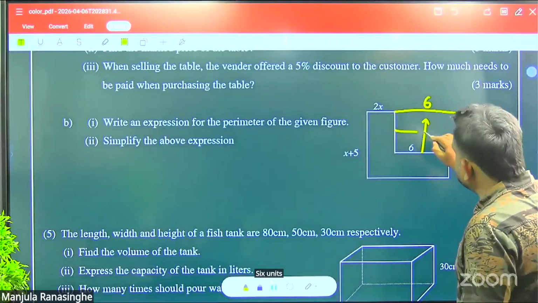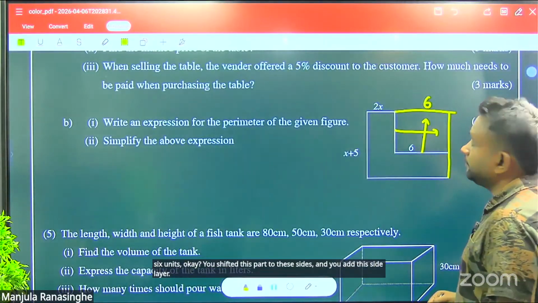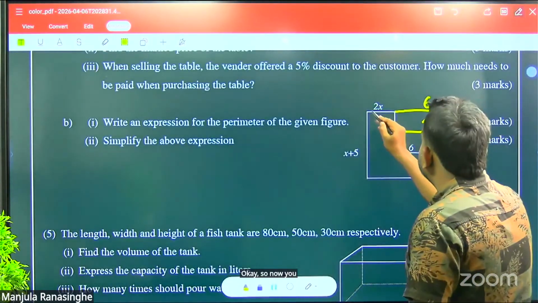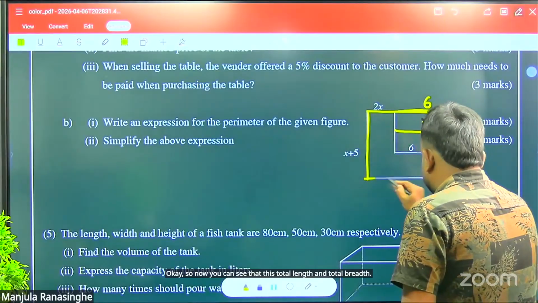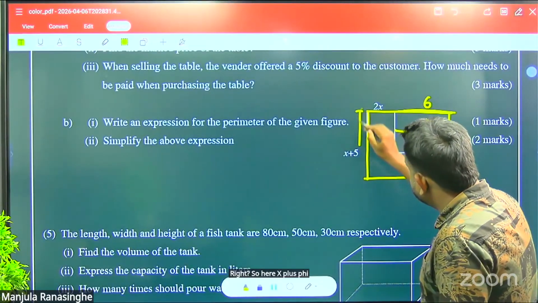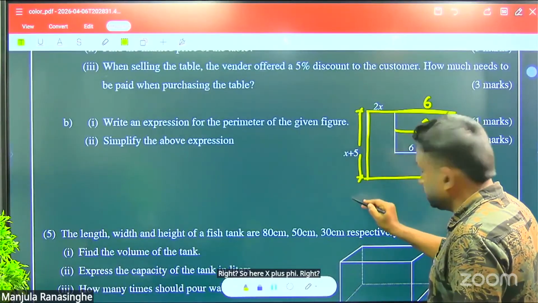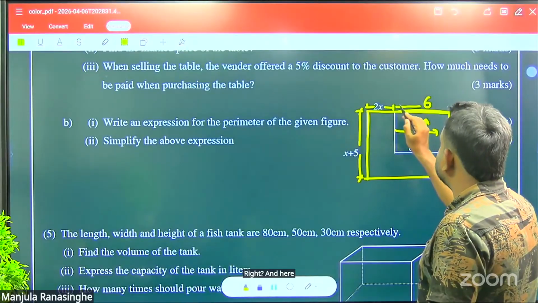Okay, you shifted this part to this side and you add this side length. Now you can see the total length and total breadth. So here x plus 5, and here 2x, and here 6.